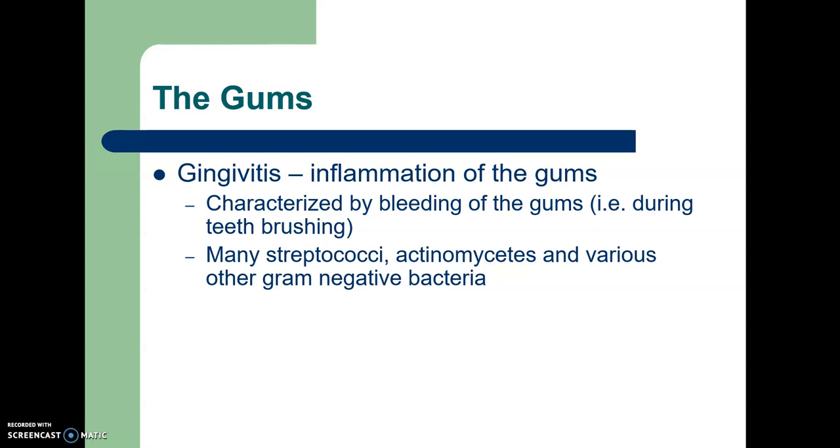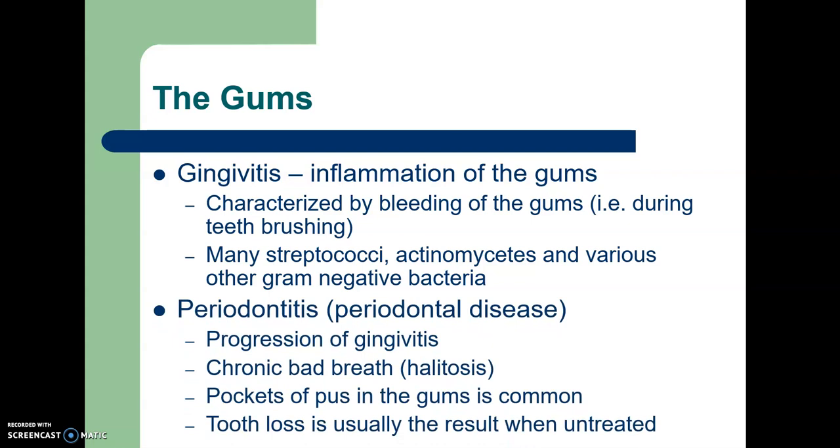Gingivitis can be caused by different types of streptococci, strep pyogenes, of course, being one of the major culprits, as well as actinomycetes and other types of gram-negative bacteria. The continuation of gingivitis is called periodontitis or periodontal disease.